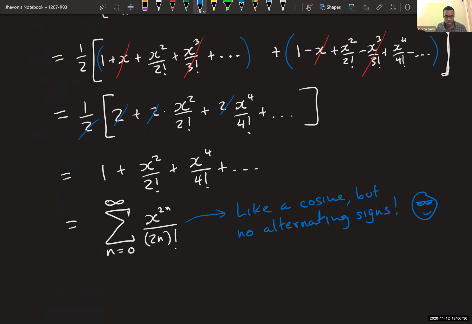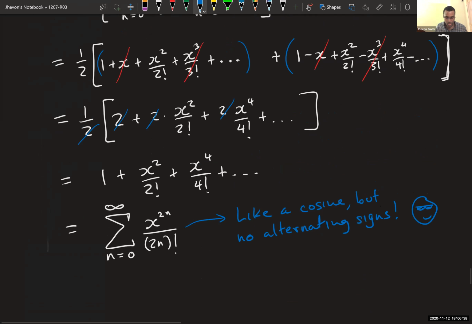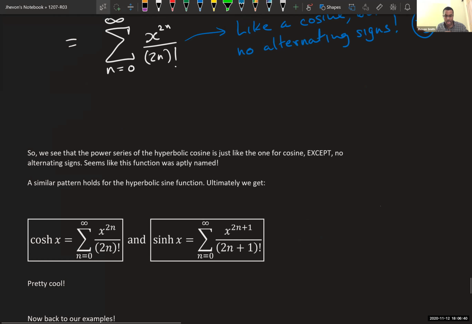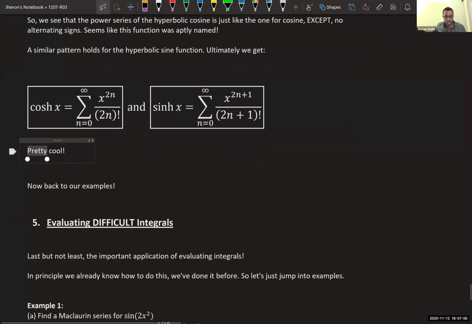You can actually derive that the Maclaurin series for the cosh and sinh functions look a lot like the sine and cosine Maclaurin series, except there's no (-1) to the n. Pretty cool. So if you know the cosine and sine by heart, technically you also know the cosh and sinh by heart in terms of power series. You'll be able to do that. So that was pretty cool.